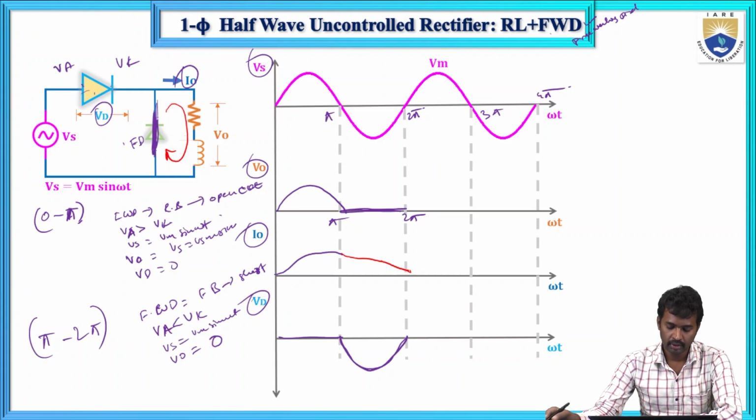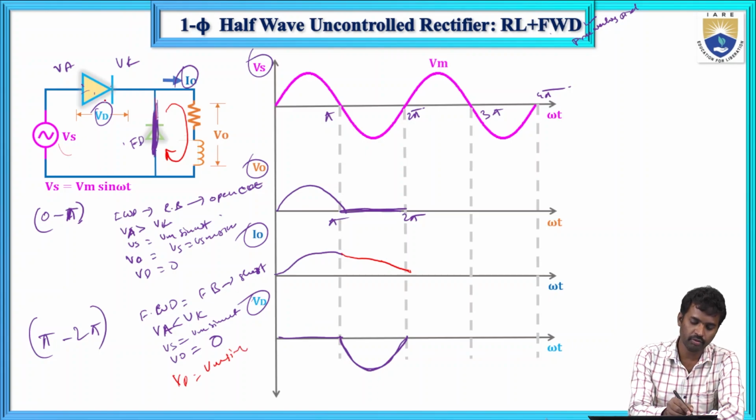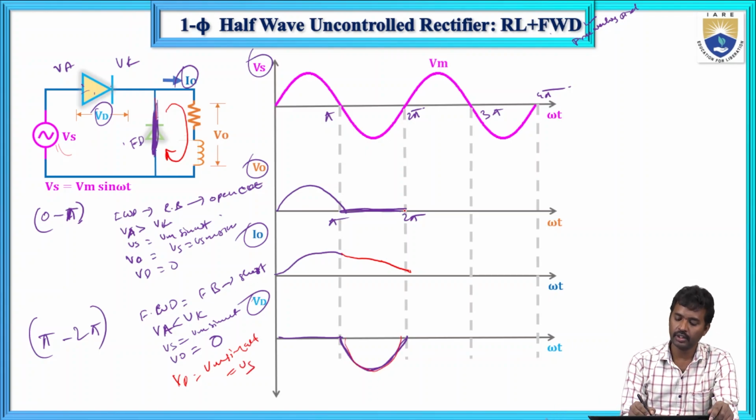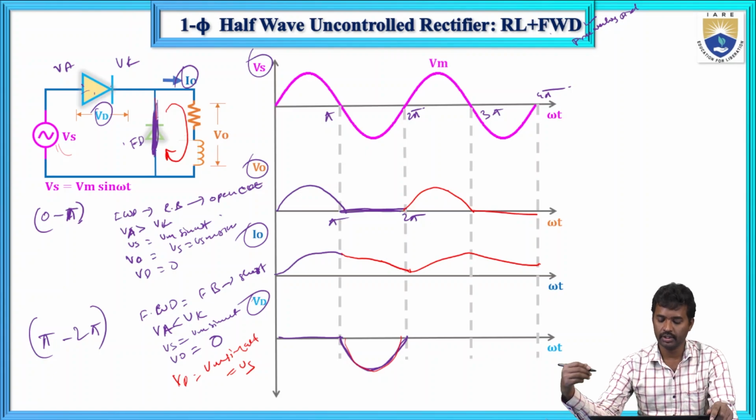Since it is a short circuit, Vd equals Vs, Vm sin omega t. And in the next cycle it is the same. So here the current is not 0, it is always continuous.